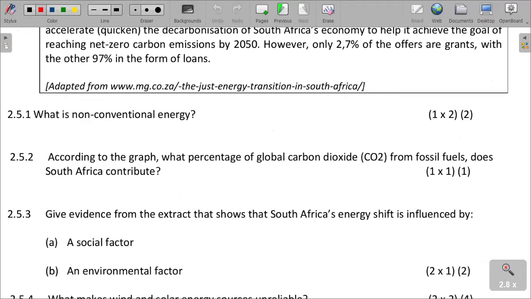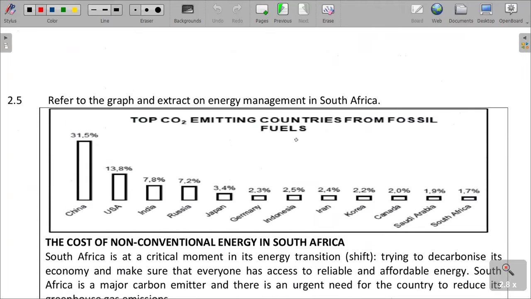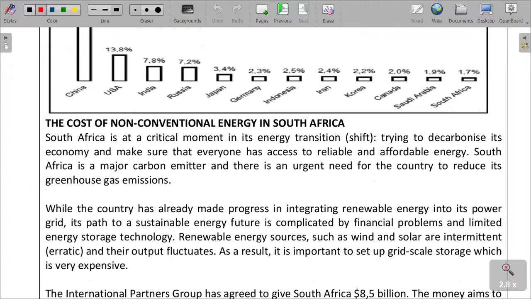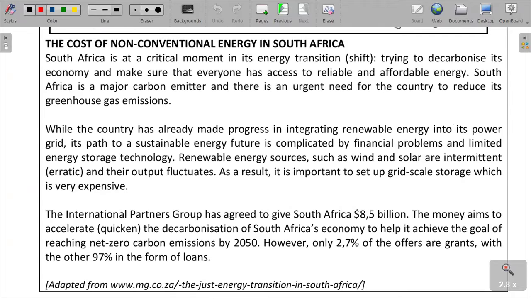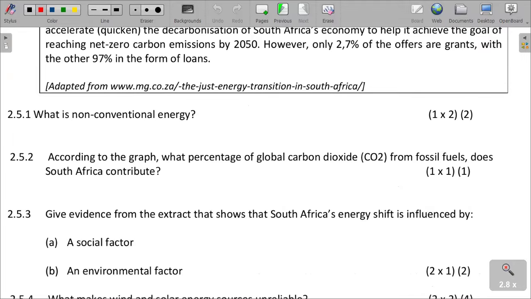And then we are given the cost of non-conventional energy in South Africa at a critical moment, trying to decarbonize its economy and make sure that everyone has access to reliable energy resources. So now, what is conventional energy? What is non-conventional energy?